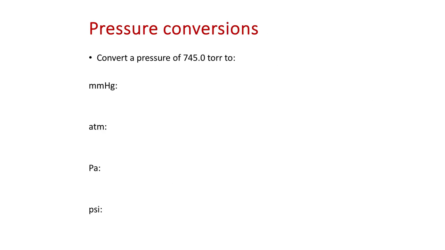Okay, we can do a couple pressure conversions. I think this is really where just understanding that there are some different pressure units matters, and then we, of course, give you the conversion factors. We don't expect that you memorize any of those conversion factors on the previous slide. So if we want to convert 745 torr to millimeters of mercury, that's the weird one where this is exact. This would be just 745.0 millimeters of mercury, because 1 torr is equal to 1 millimeter of mercury.